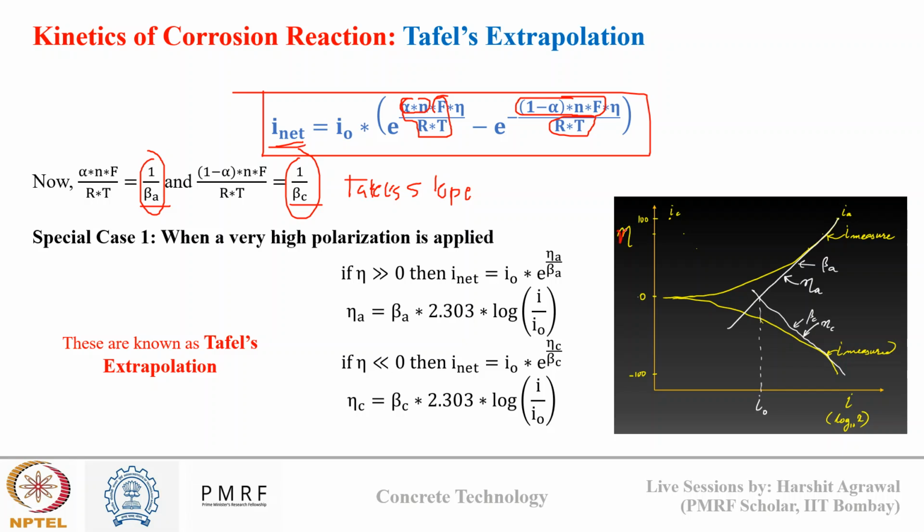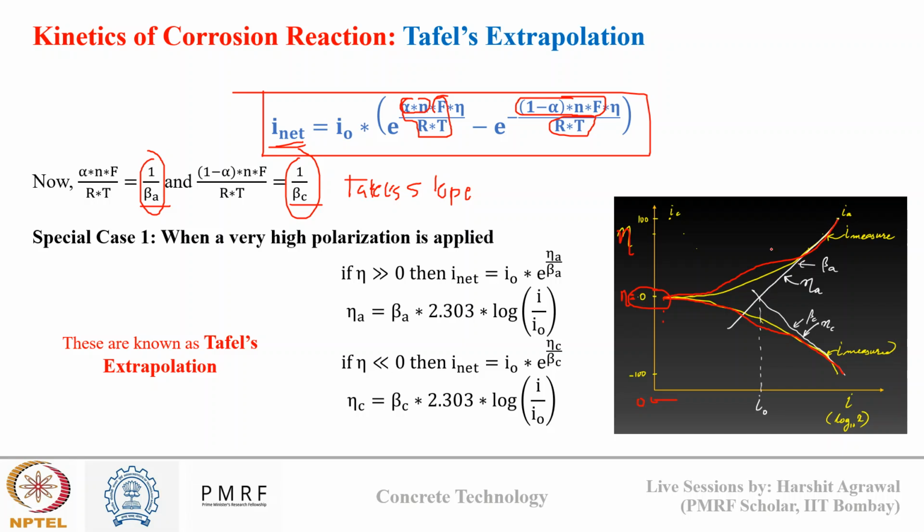This is my eta on the y-axis and this is the logarithm of the net current on the x-axis. They follow this exponential trend. This is when we are at equilibrium. When eta is equal to 0, it means there is no extra external potential applied, so at that point the current tends towards 0. At equilibrium the current is 0.